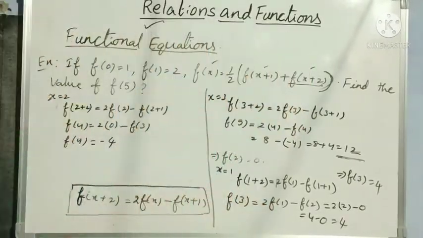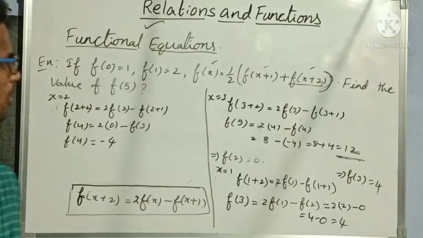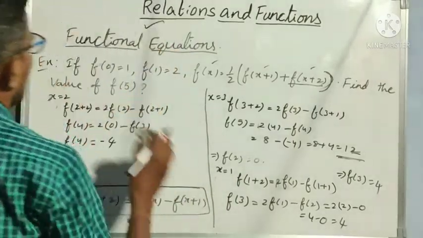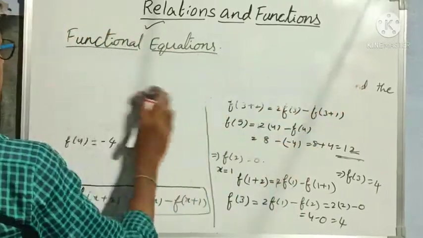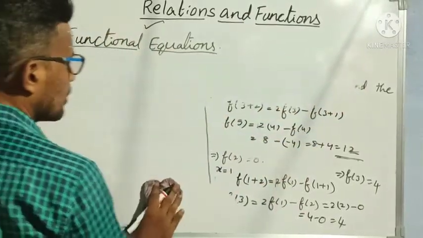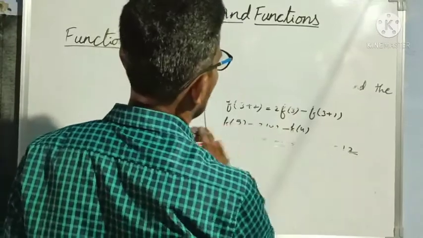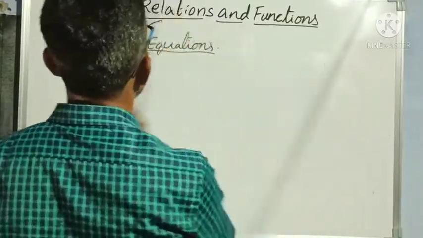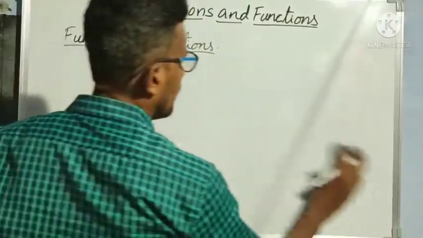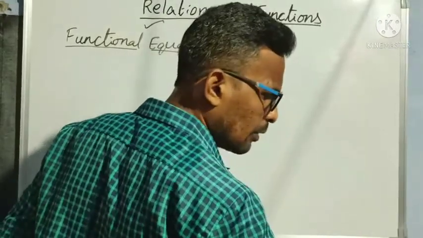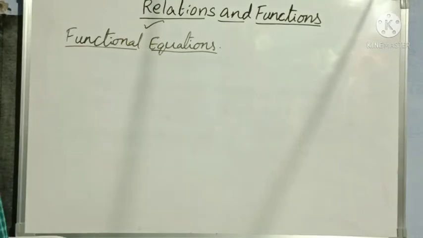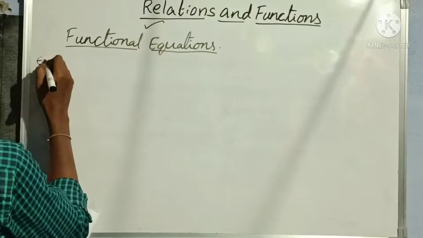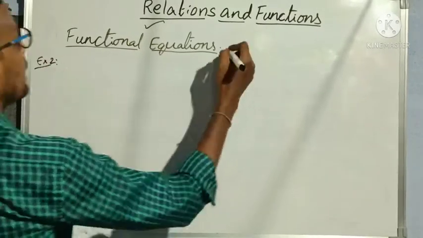Iteration method. Okay. Next, one more method is there for solving functional equations, that is the replacement method. Let us see that also with one example. So next method, replacement method. So example 2, that is method 2.